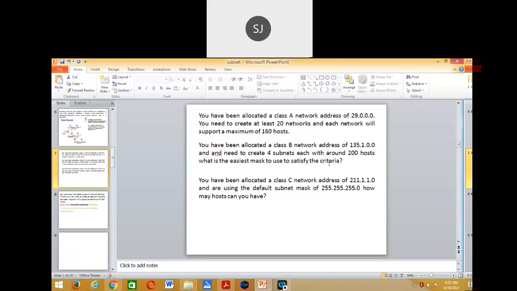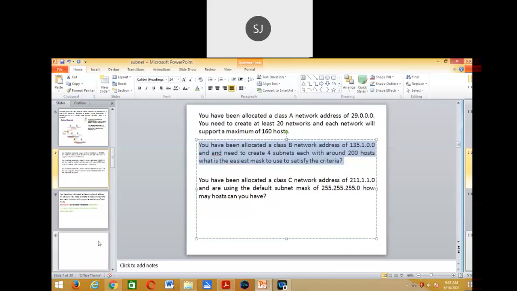I want you to do it on the same lines, but it is class B. Yes, please copy this and try to solve it.